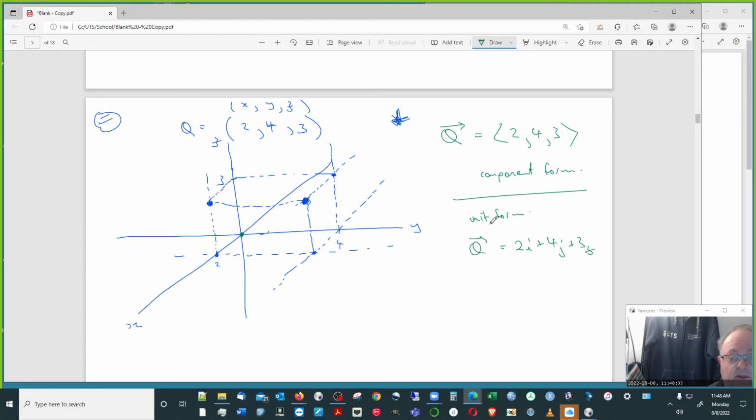Some lecturers love only the unit form, because it's based on the idea that you've got 1 and 1 and 1, that's your I, J, K, and often you put a little hat on top of it.